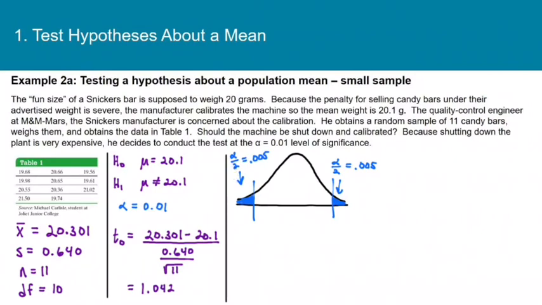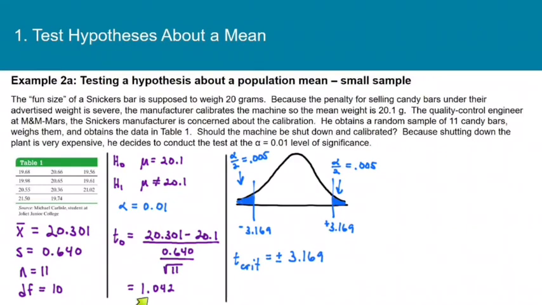Now you'll go to your t-table, and using degrees of freedom of 10 and an area of 0.005, you'll find a critical value of 3.169. So the left critical value will be negative 3.169, and the right critical value will be positive 3.169.